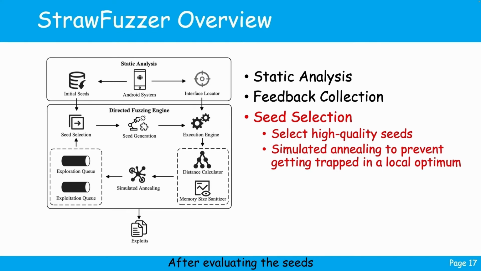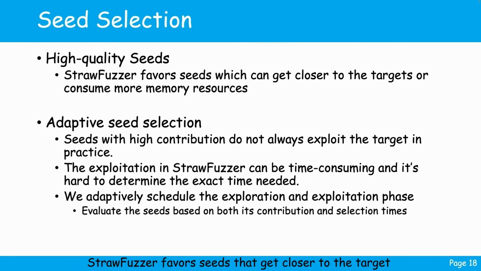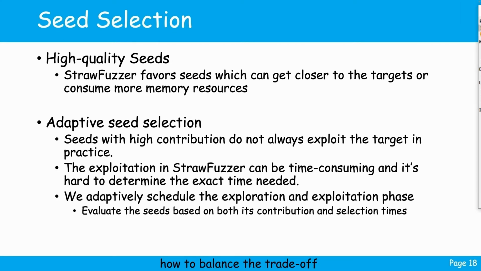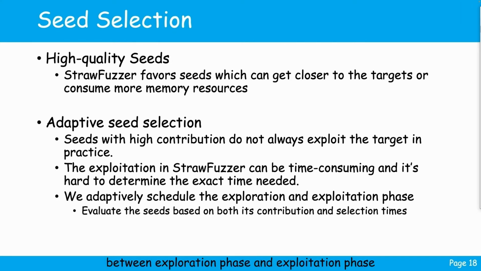After evaluating the seeds, we need to select the high-quality seeds for the next mutation. In general, StrawFuzzer favors seeds that get closer to the target in exploration phase or consume more memory in exploitation phase. But a critical obstacle here is how to balance the trade-off between exploration phase and the exploitation phase. Seeds with higher contribution do not always exploit the target in practice, due to some hard-to-satisfy path constraints or hard-to-exploit targets.